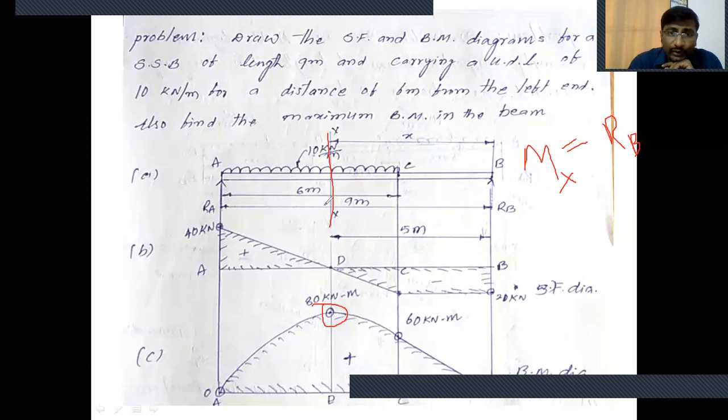RB into how much distance? X. RB into X. RB value is 20, so 20 into X, which is developed in anti-clockwise movement, positive. So RB X minus this load. How much is this load? 10 into X minus 3. Just now I wrote 10 into X minus 3 as the load. The load only. What is the distance at which it is acting from the x-axis?